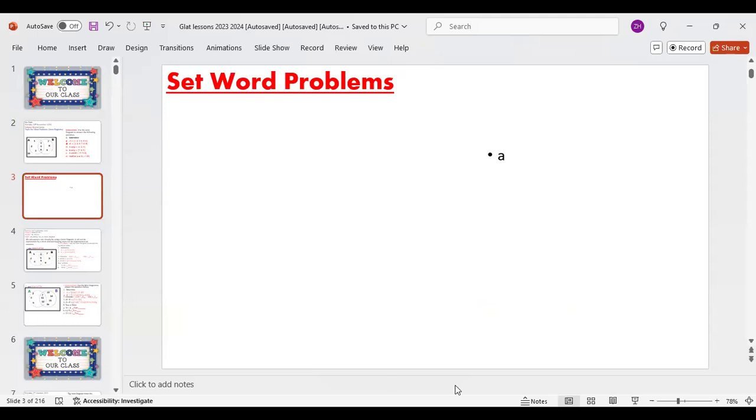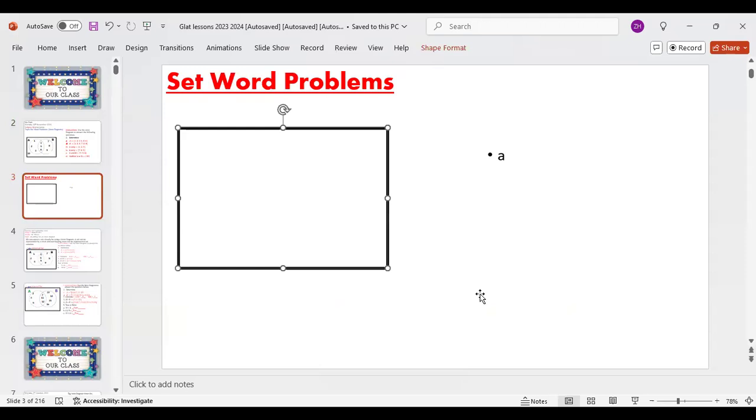Now this one is actually a word problem, so we're going to draw another Venn diagram. Draw the rectangle again, and you're going to draw the two circles as well. Excuse me, Mr. Petit, can I get a ruler?